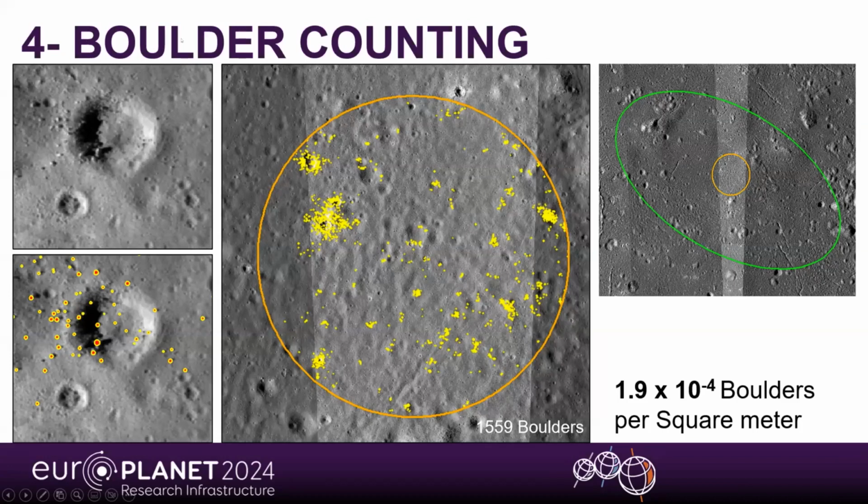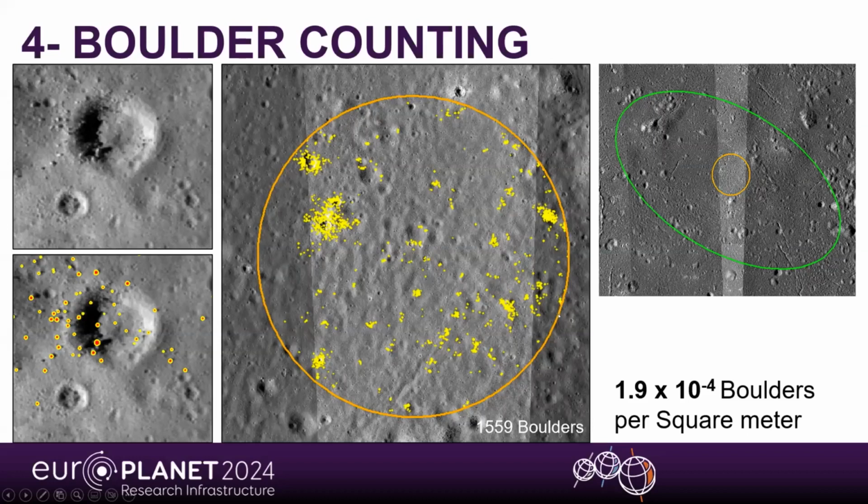We started with boulder counting inside one of these areas we chose as a landing site. And we counted all the boulders that could be a risk for the mission, and we counted about 1,500 boulders, more or less. We estimated the risk to hit one of these during the mission, especially during the landing.